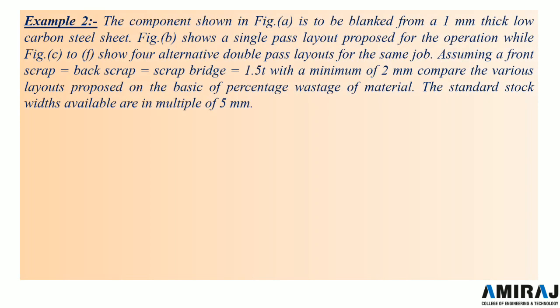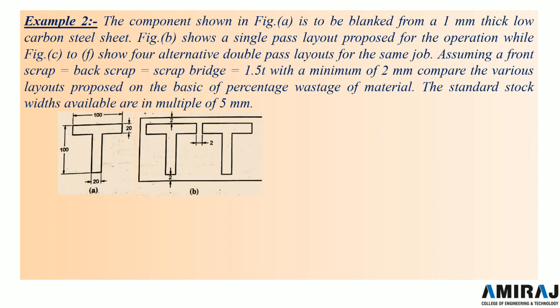So here is the second example for the material utilization factor. The component shown in figure A is to be blanked from 1 mm thick low carbon steel sheet, and figure B shows the single pass layout proposed for the operation, while figures C to F show 4 alternative double pass layouts for the same job.